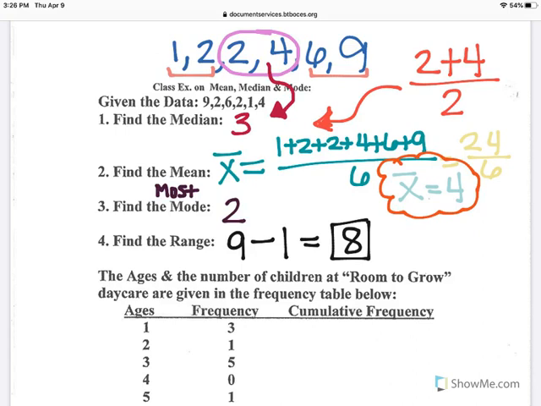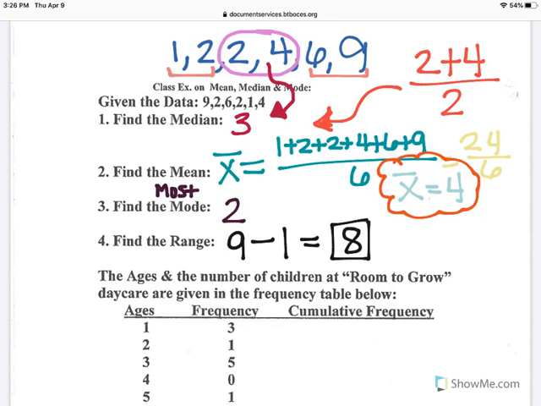So that means that there are 3 1-year-olds. Age 2, frequency 1, means that there is 1 2-year-old. Age 3, frequency 5, means that there are 5 3-year-olds. Age 4, frequency 0, means that there are no 4-year-olds. And age 5, frequency 1, means that there is 1 5-year-old.